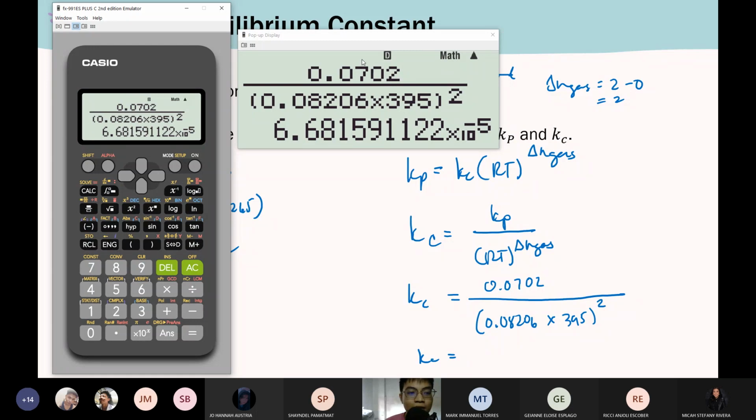It's worth it there. Okay? So 0.0702 divided by 0.08206 times 395 squared. This is the answer. Now, did you get the same answer?